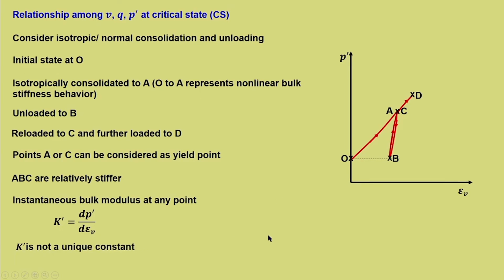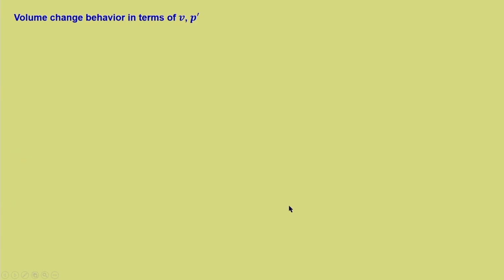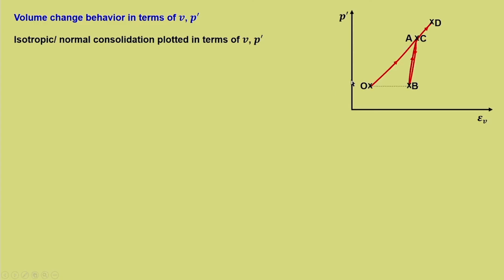It is not a unique constant, it changes with different stress levels. So, let us further understand volume change behavior in terms of V and p dash. Again, isotropic normal consolidation, which is plotted in terms of V and p dash. Here, this is the repetition of the figure from the previous slide.